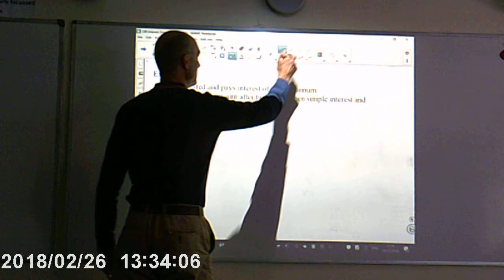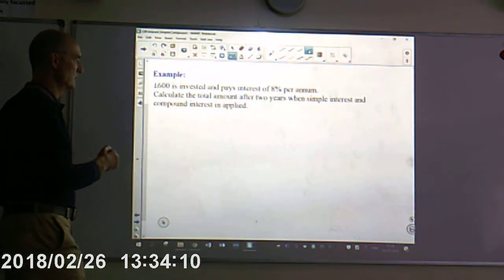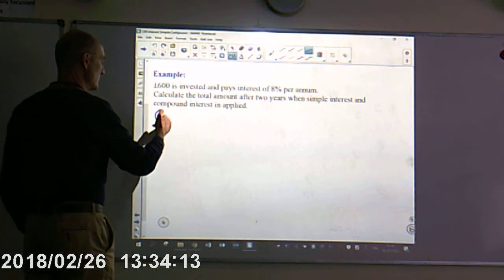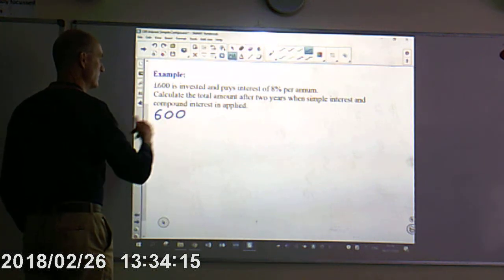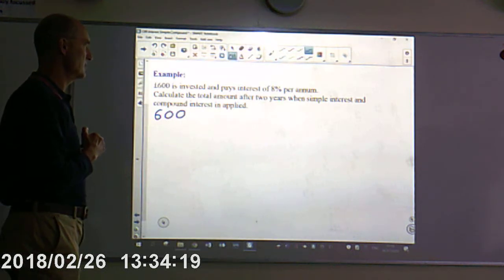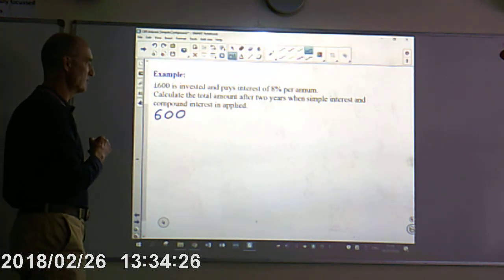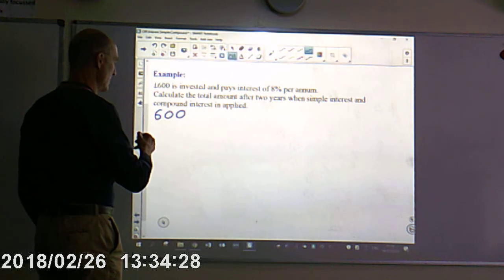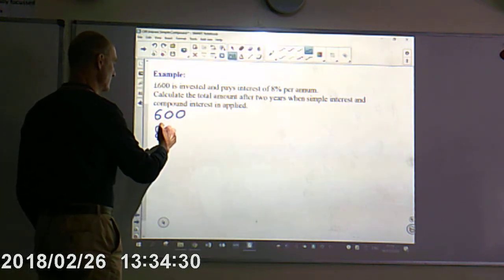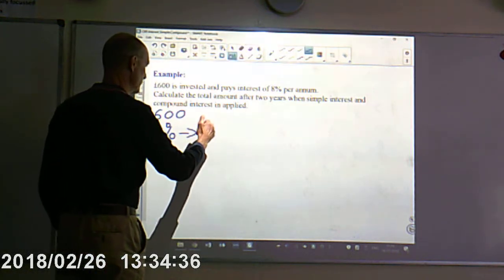So let's have a little look at simple interest. So we're starting off with 600. And we get 8% per year on 600. So first year, 8%, it's £48.